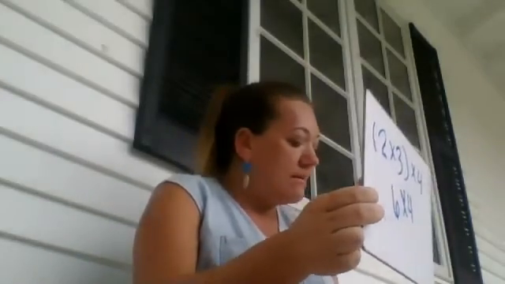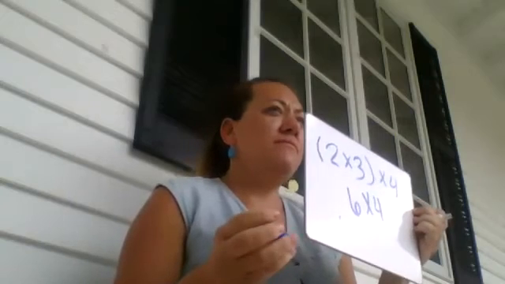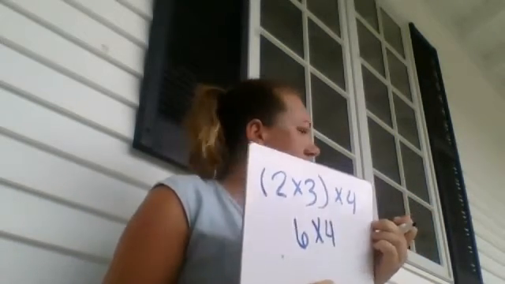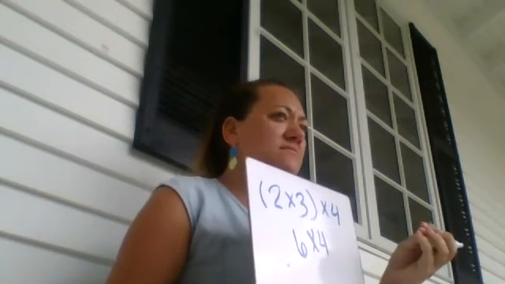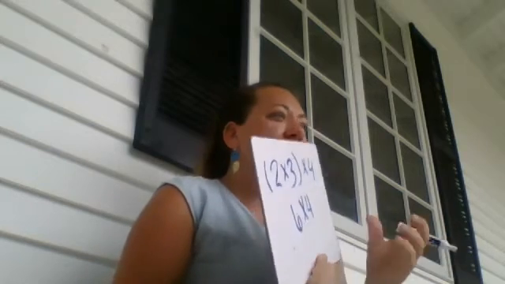What is 6 multiplied by 4? 6 multiplied by 2 would be 12, and if we add another 12, 12 plus 12 would equal 24. So 6 times 4 is 24.